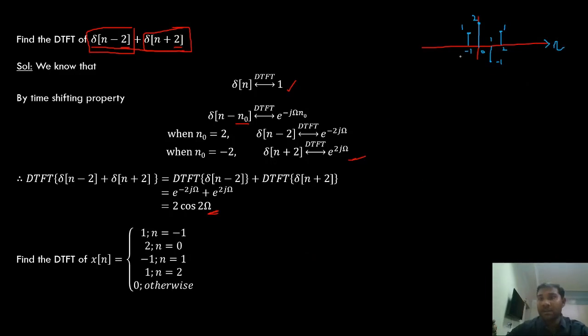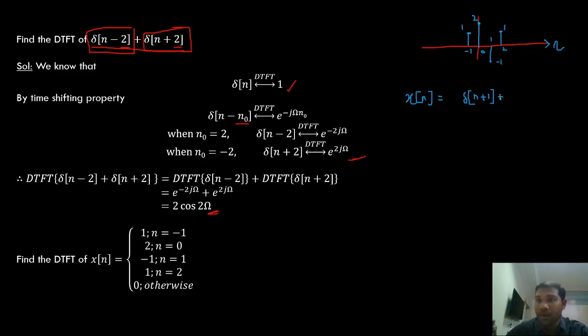So let me write this in terms of impulses. My x of n is equal to: I have an impulse at n equal to minus 1, so delta of n plus 1, and its strength is 1.